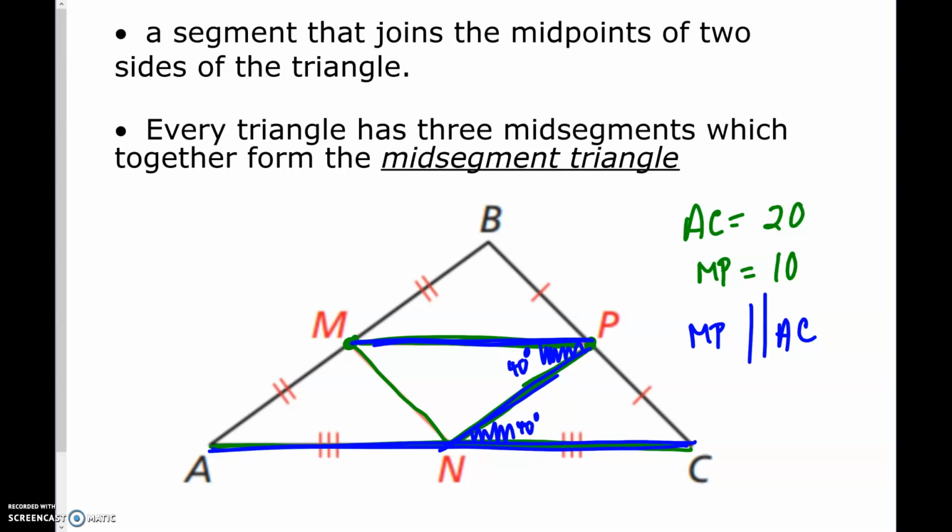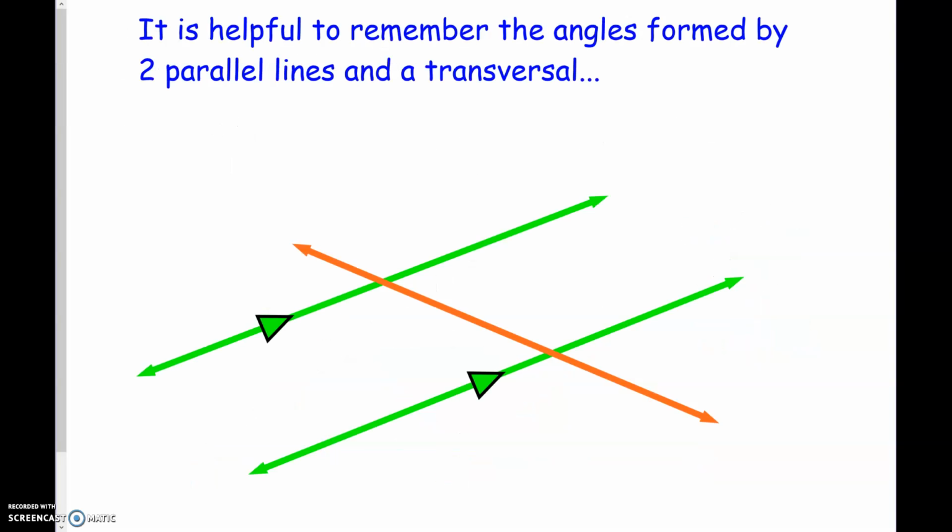Okay, so let's go back and remember, when we have parallel lines, consecutive interior angles are supplementary. Alternate exterior angles are congruent. Alternate interior angles are congruent.